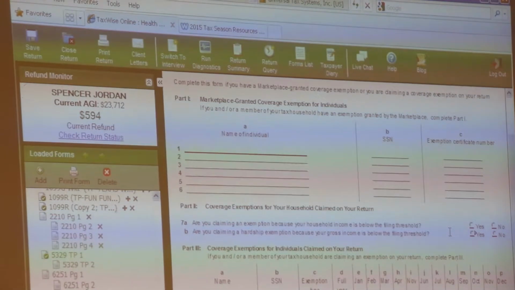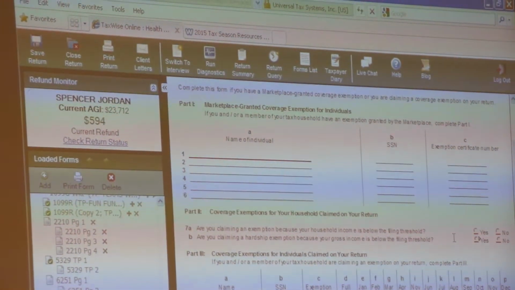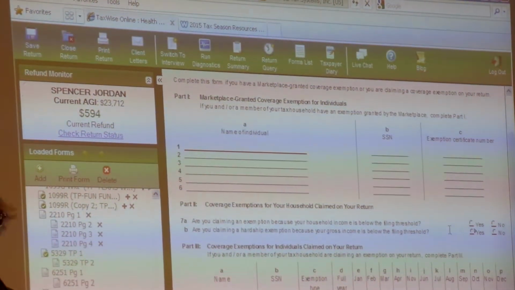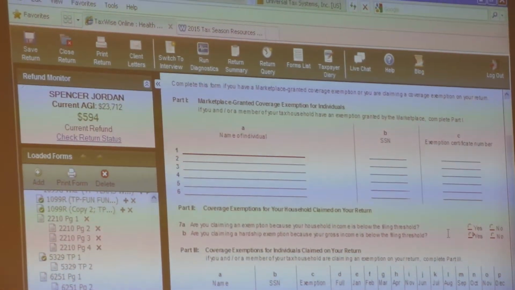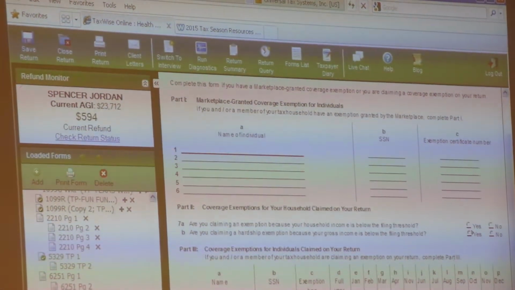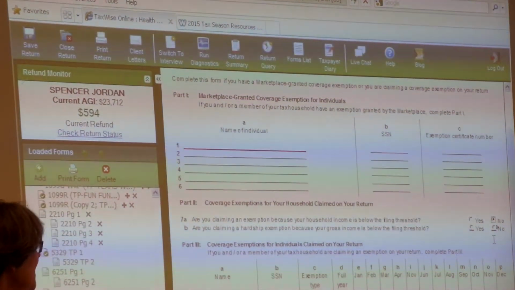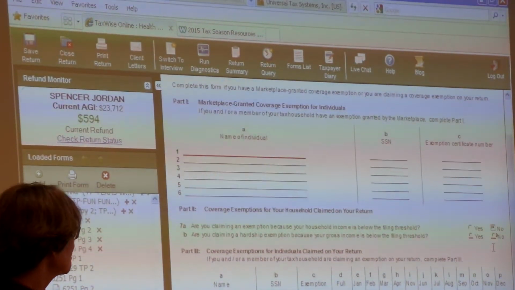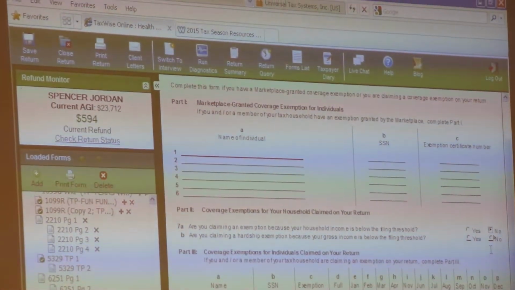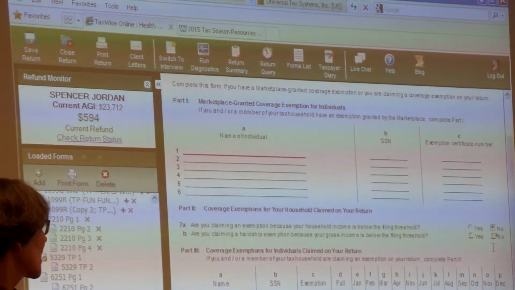So in this scenario, the only income into the house is that of Spencer. And he is not below the filing threshold. So we're going to check no to 7A. 7B is whether it's a hardship because the gross income is below the filing threshold.